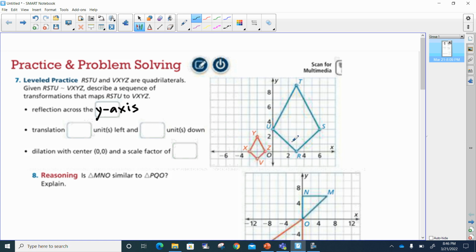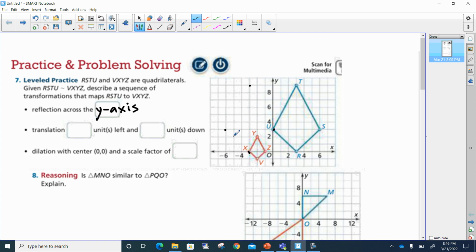Okay, so if I did that, S is going to be over here at 6, and T is going to be over here at 3. U would still be over here, connected to the y-axis, and R would be at 3 over here. So I'd have my new image here.